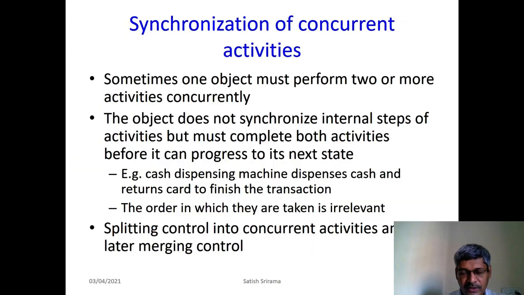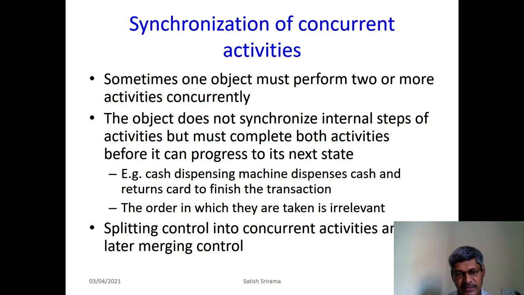Now let us move to the third one, synchronization of concurrent activities. This is the third type of concurrency in this discussion. Sometimes one object must perform two or more activities concurrently, and the object may not synchronize the internal steps.